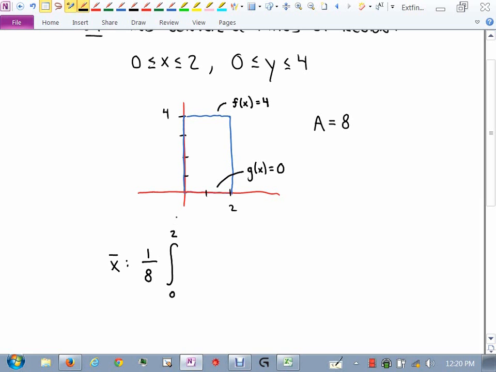And then x times f of x, which is 4, dx. Do you all see that? It's x times f of x, but f of x up here is 4.